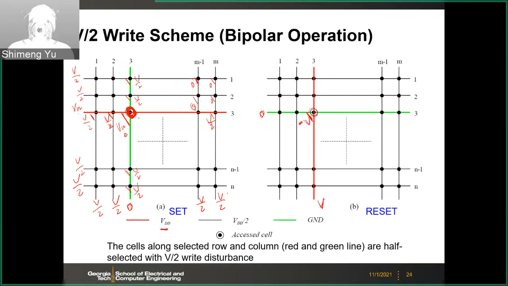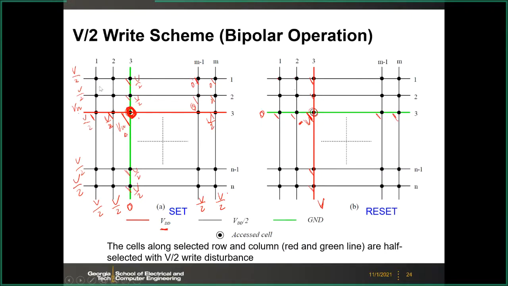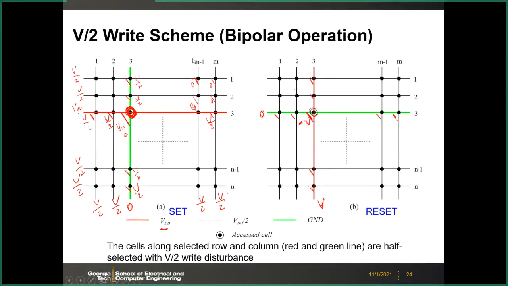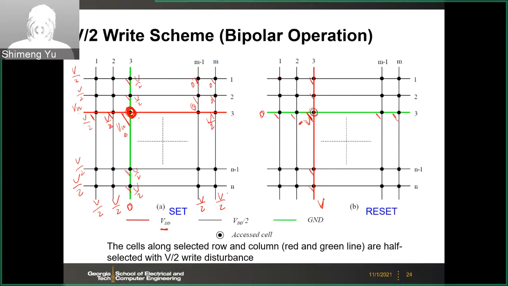You can verify that other cells along the same word line or same bit line will see half V, and others will see 0. So this is the principle for the half write voltage scheme. And you will have some homework related to this kind of question.